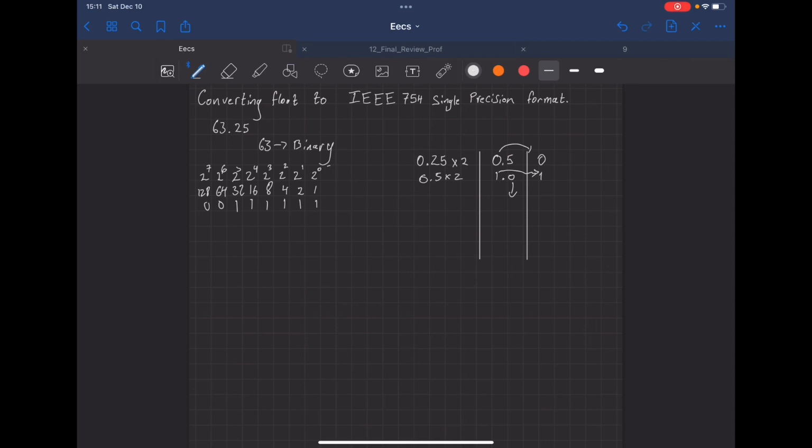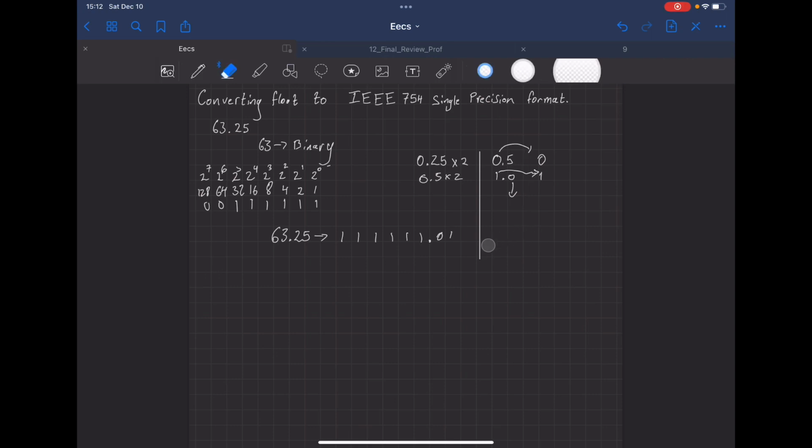And so finally, 63.25 is represented as 1 1 1 1 1 1 in the whole part, then the decimal point, then 0 1.